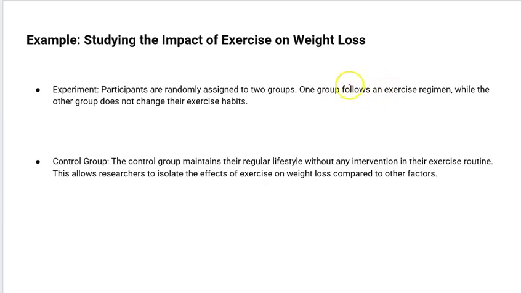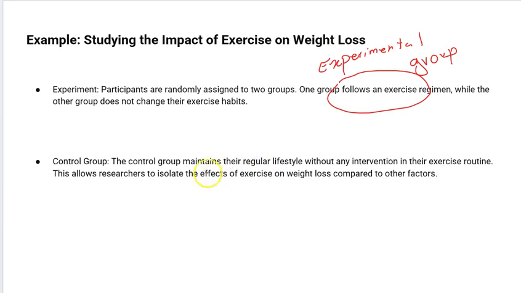So the one we give the specific exercise would be our experimental group. And the other one, which is going to follow their regular lifestyle without any intervention, is going to be our control group. It's easy, right? At least it's easy to understand, I believe.